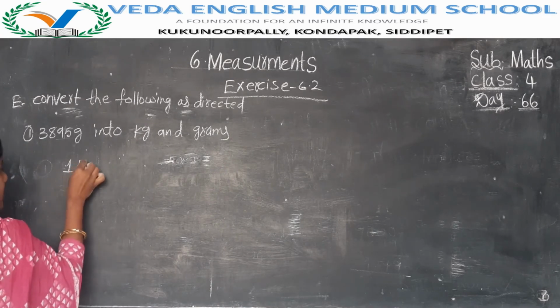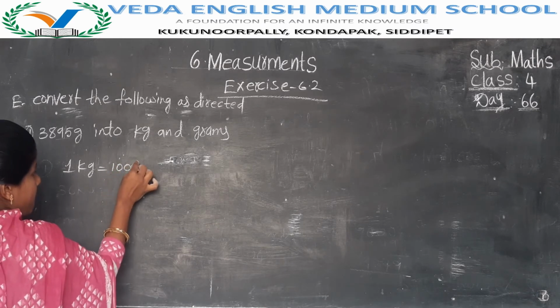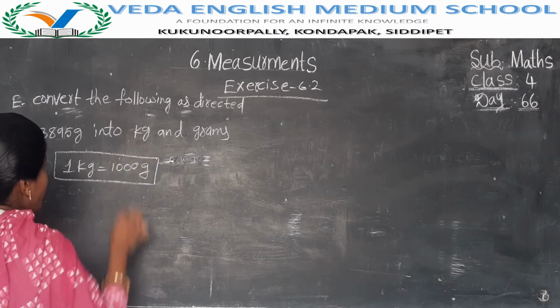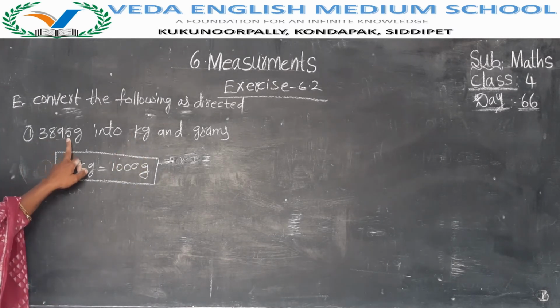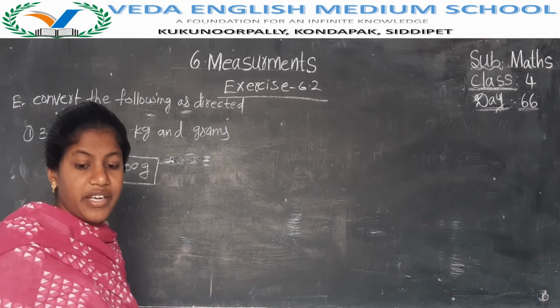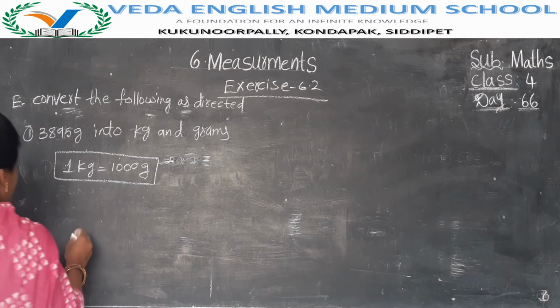If 1 kg is equal to 1000 grams, now we have to convert 3895 grams into kilograms. To convert 3895 grams into kilograms, what do we have to do? We have to divide with this.